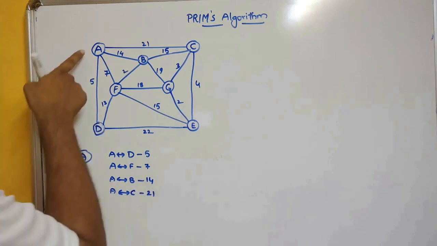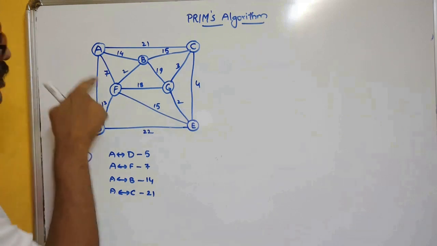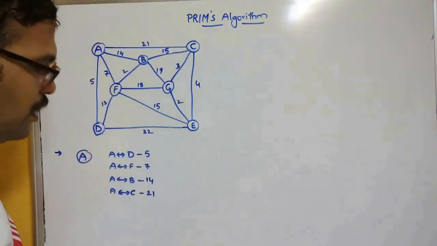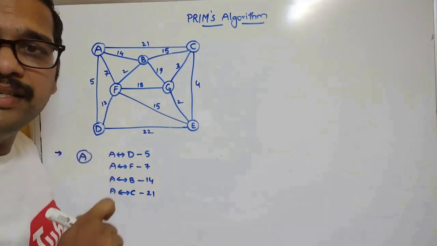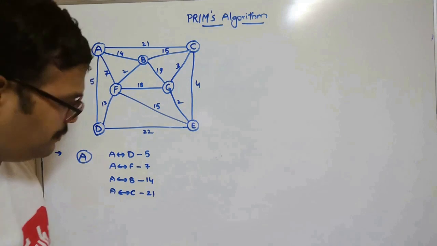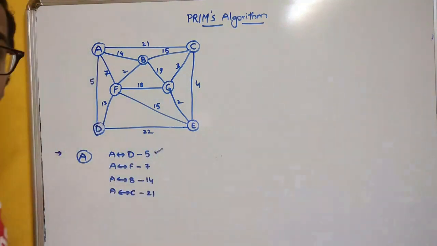So you can see from A we are having 4 edges: A to D, A to F, A to B and A to C. Now the next step, we need to select the minimum cost edge, the least weighted edge.